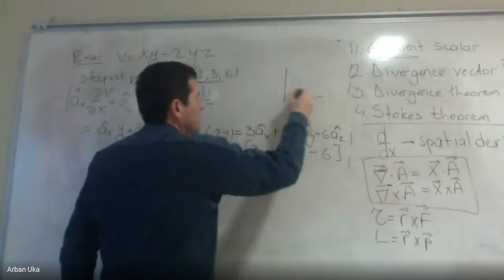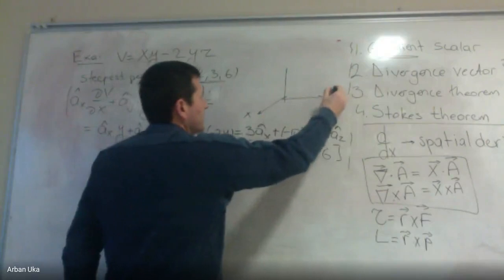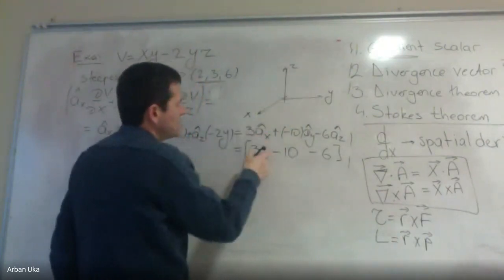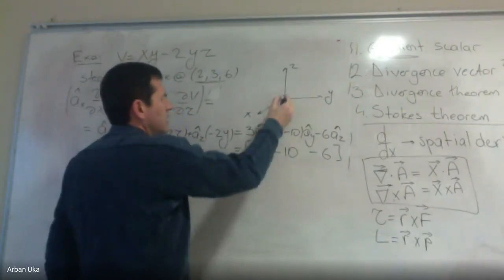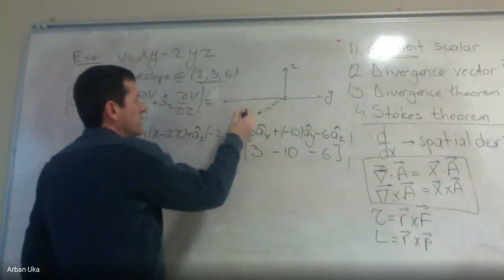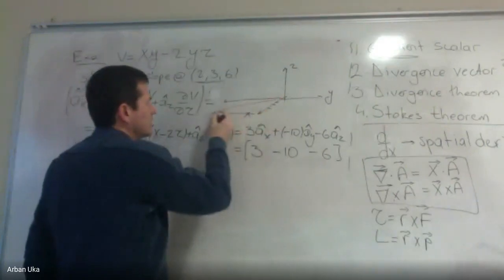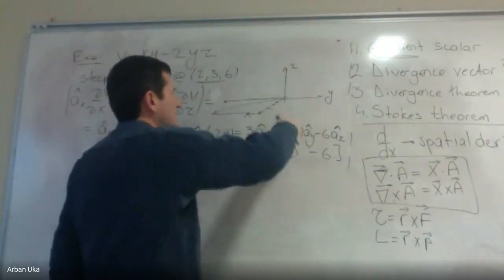If we draw x, y, and z, we are going to have a vector which is 3 units along x, 10 units along minus y, so we get something like this, and minus 6 units down into z.